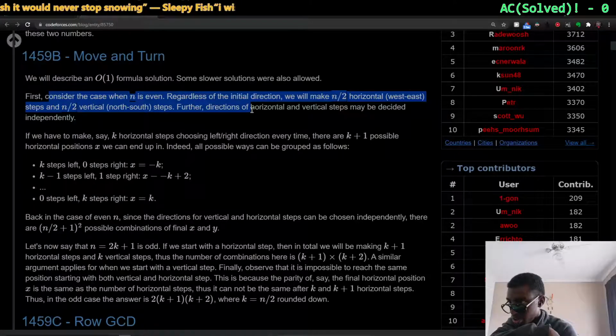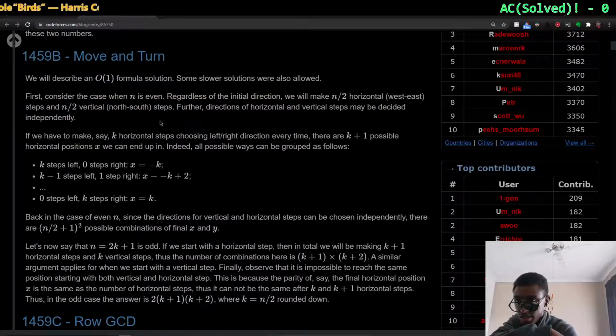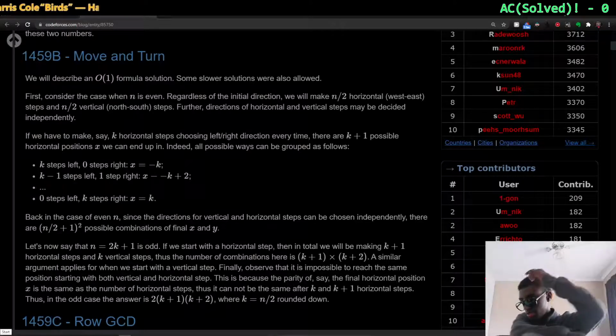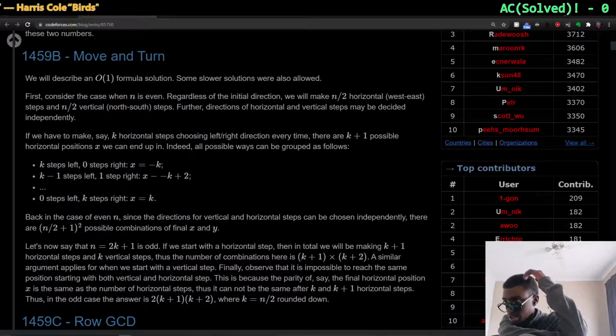Further directions of horizontal and vertical steps may be decided independently. If we have to make k horizontal steps, choosing left or right every time, there are k plus 1 possible horizontal positions.